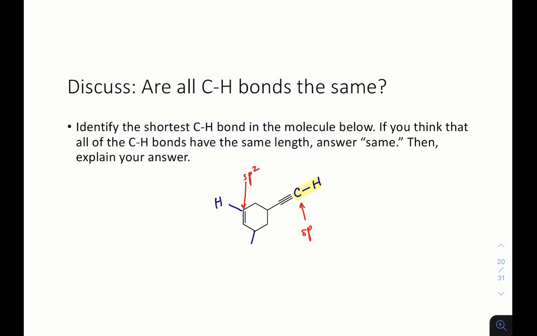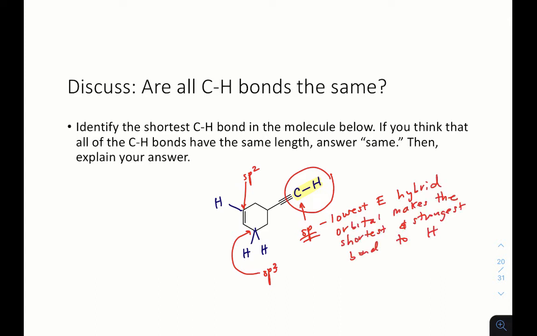Finally, we could have chosen between many possibilities a CH bond between an sp3 carbon and hydrogen. The sp carbon makes the shortest bond to hydrogen because the sp orbital has the most s character and is the lowest energy orbital among these hybrid orbitals.